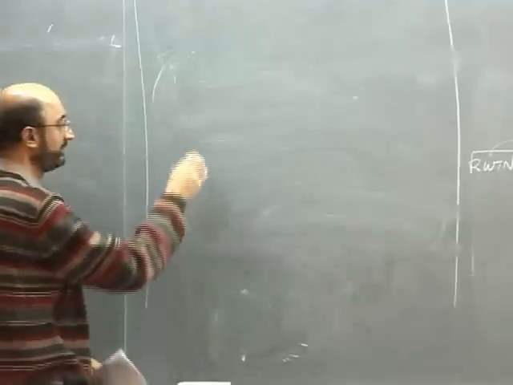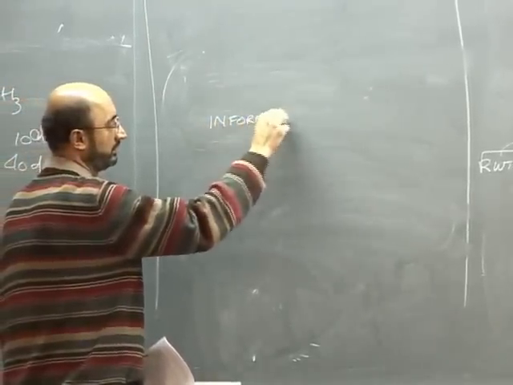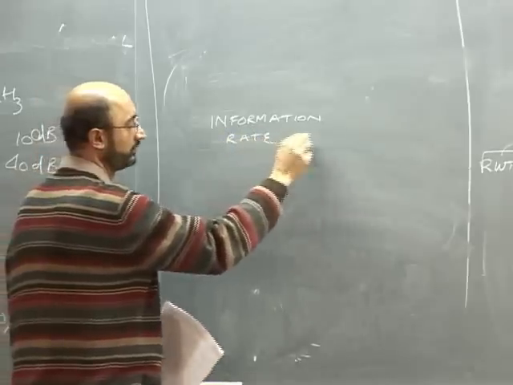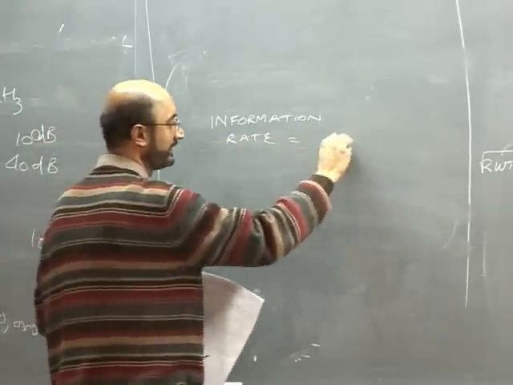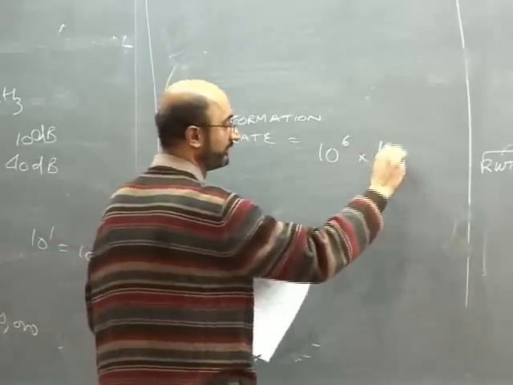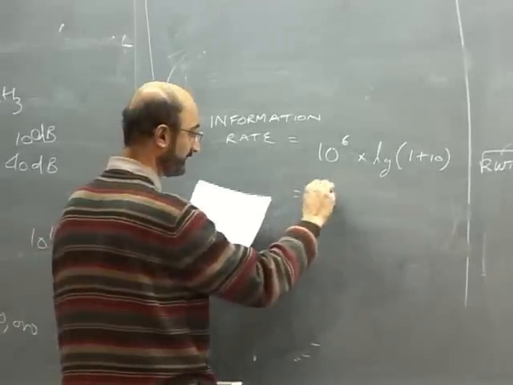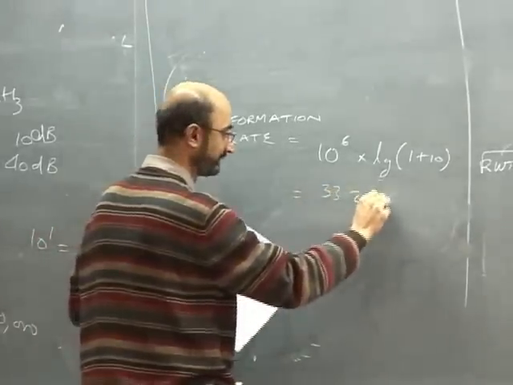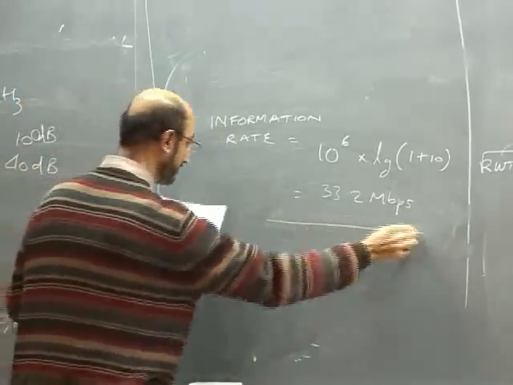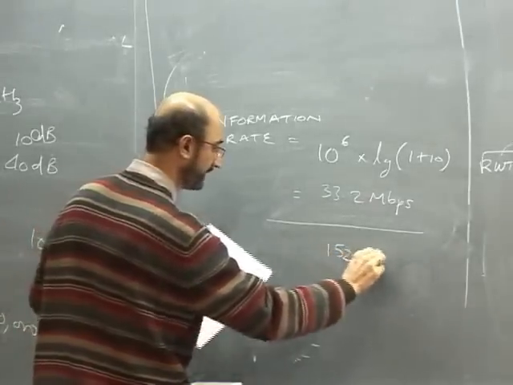The information rate is equal to 10 megahertz, which is 10 to the 6 times log of, in the first case, 1 plus 10, which is going to be 33.2 megabits per second. In the second case, using a similar computation, the information rate turns out to be 152.8 megabits per second.